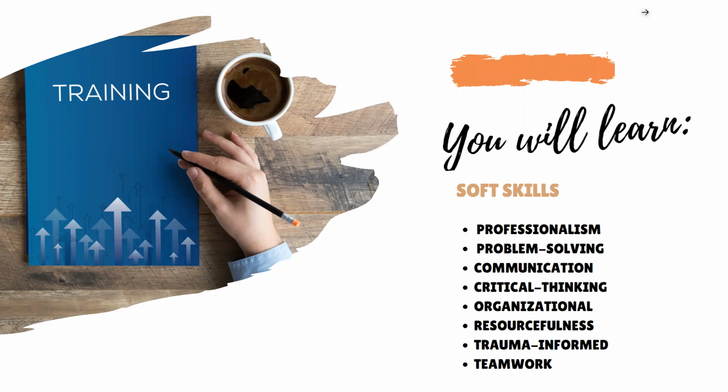So professionalism, things like that, teamwork, how to work with each other. These are things that you don't always learn. And so maybe critical thinking, how to analyze information and how to process many sources of information and then make informed decisions based on what you read. So these are all the soft skills that you will learn.